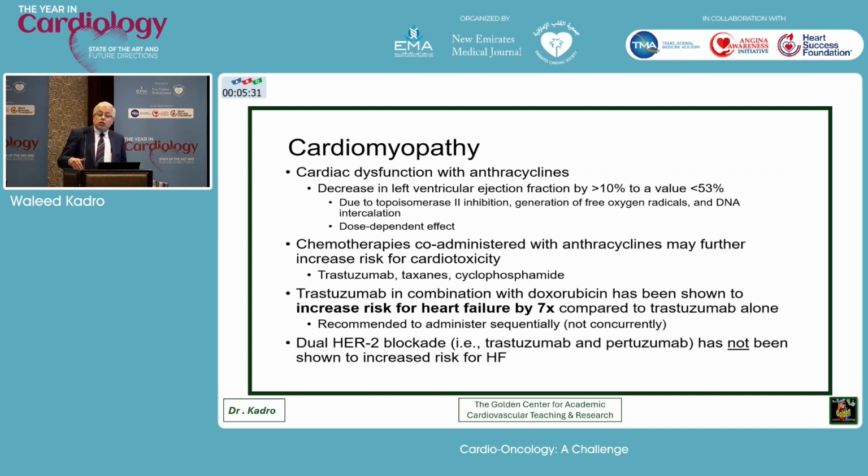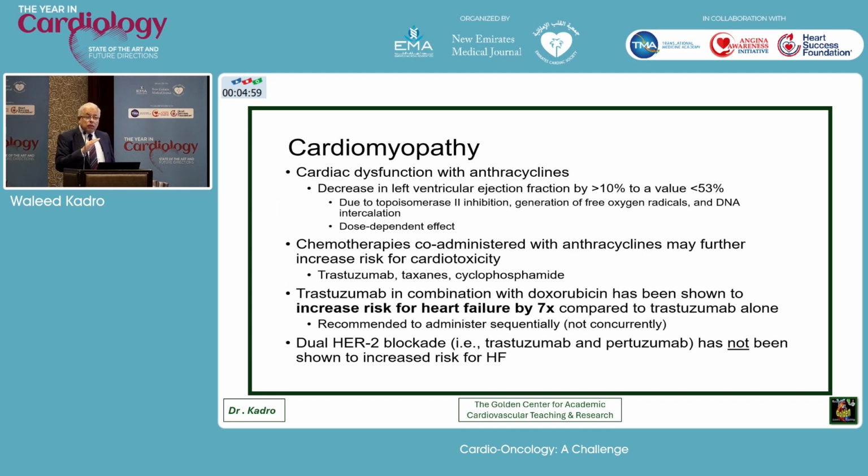Now the combination chemotherapy, especially the HER2 receptor antagonists like trastuzumab, increases the incidence of toxicity by 7-fold. So if we try to give them sequentially, we'll prevent the cardiomyopathy and try to avoid stopping HER2 blockade, because especially for breast cancer, if we stop that, we get a 20 to 25% increase in mortality.